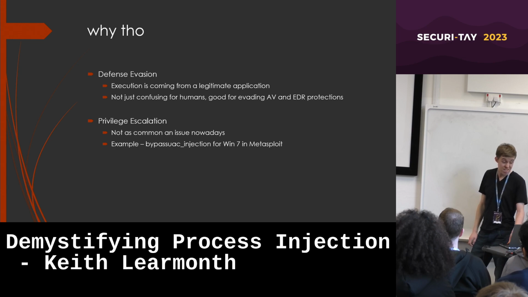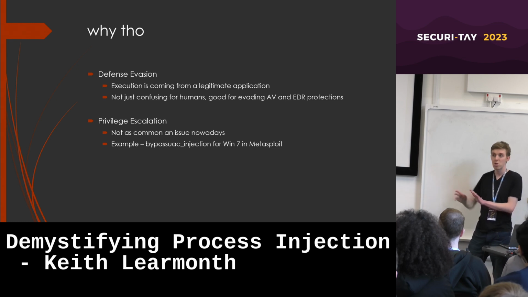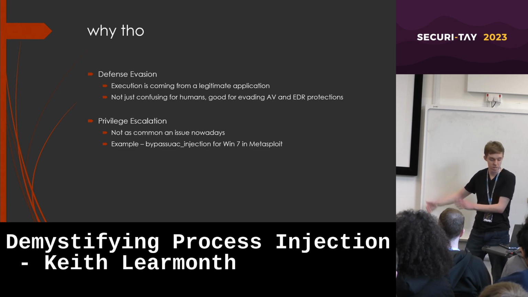Other reasons: privilege escalation. It's not as common an issue these days because Windows, over Windows 8, 10, and 11, has moved more towards the least privilege model. Things will run with the least privilege possible until they need more. The idea was if you could inject into a process with higher levels of privilege, you would then have access to those privileges.